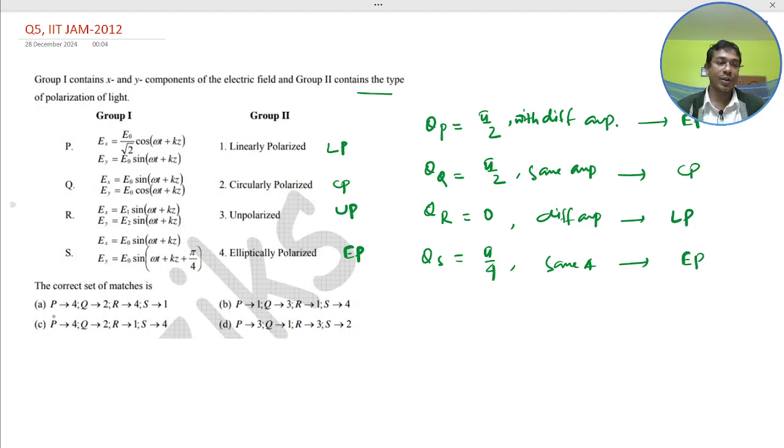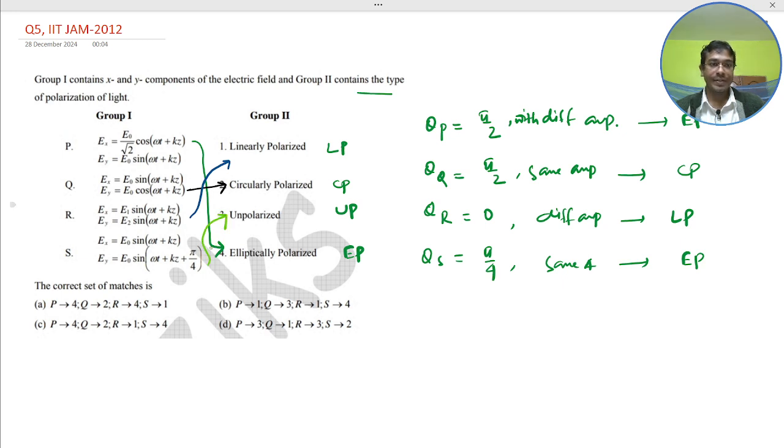So I think first of all P is 4, this would be the elliptical polarized, and second one, Q would be the circular polarized. Third one, the R, would be the linear polarized. Last one, the S would be the unpolarized.